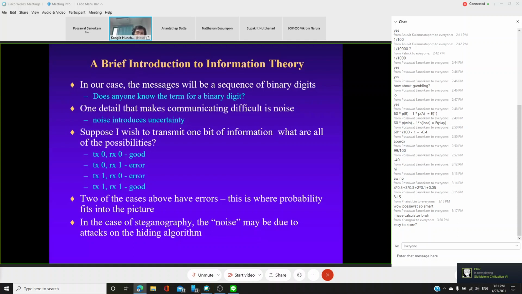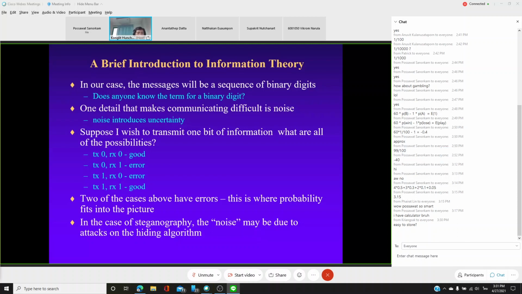Because we only have two symbols. If you think about an analog signal, let's see, if I have a flashlight and I'm going to send a message to my friend half a kilometer away.